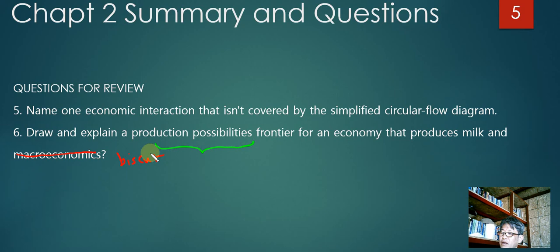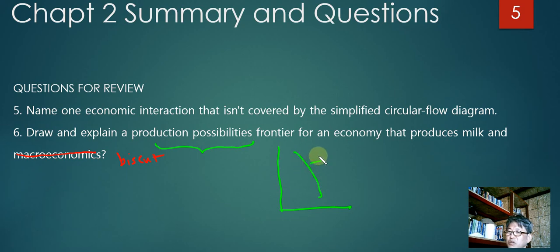Then the production possibility frontier shows like this. The production possibility frontier is the diagram explaining here the maximum possibility of production.